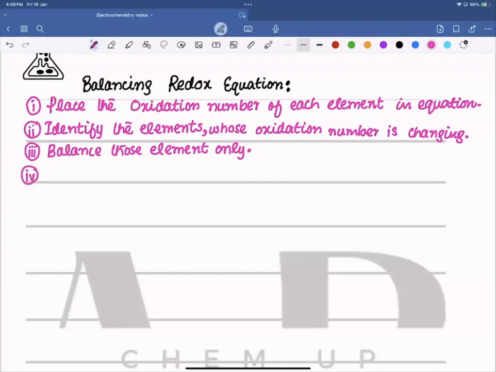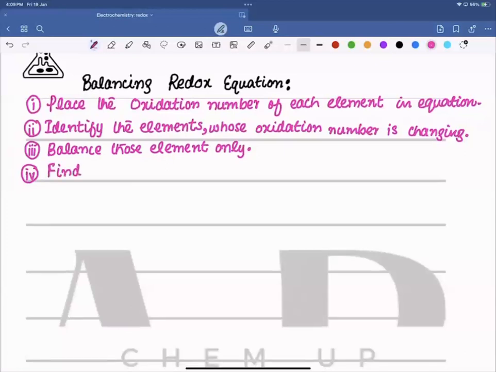Then fourth, you have to find the change in oxidation number.